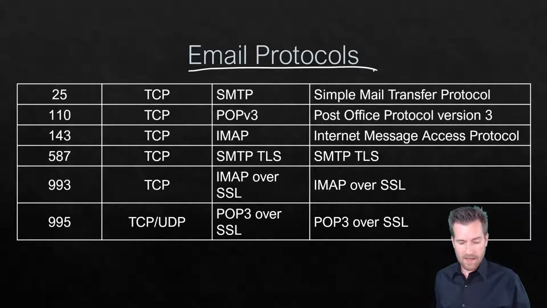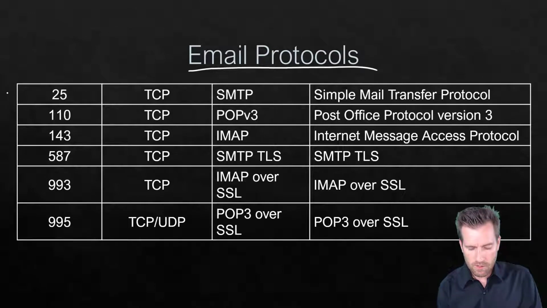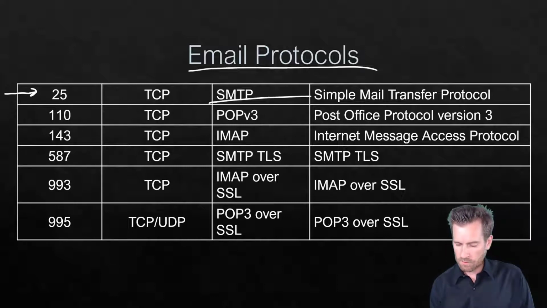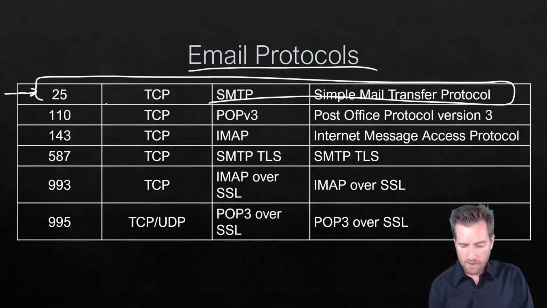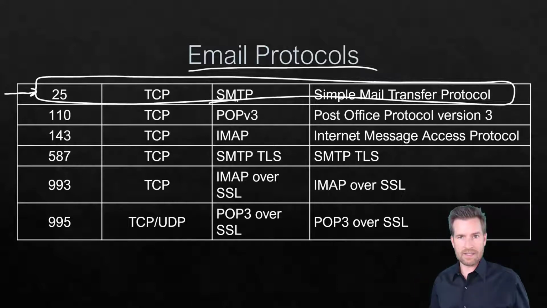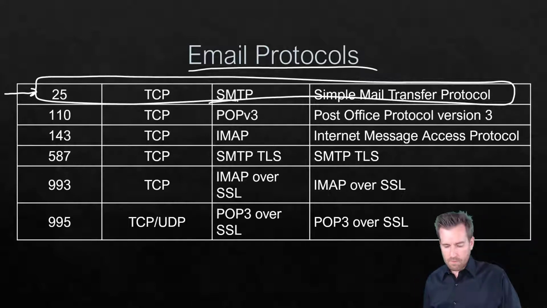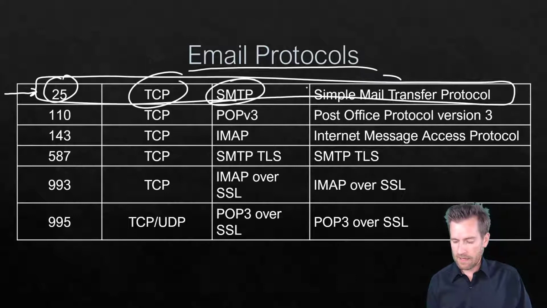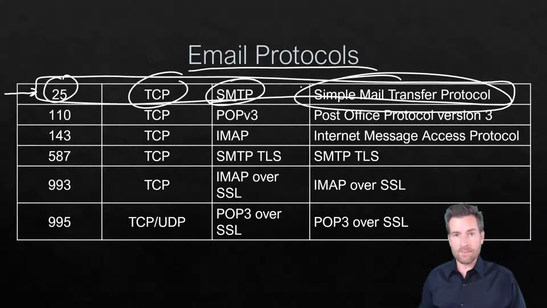That is because for the longest time we were using port 25, which is Simple Mail Transfer Protocol. It's an unsecure method of transferring emails, and it's still used to this day. Port 25 is a TCP port associated with SMTP, still used quite a bit out there.